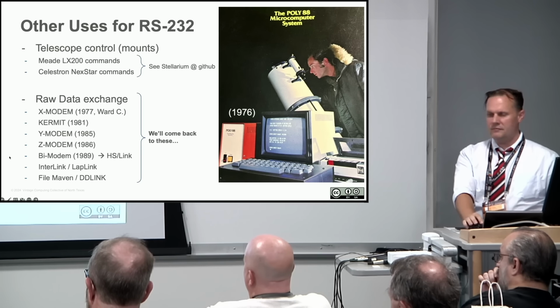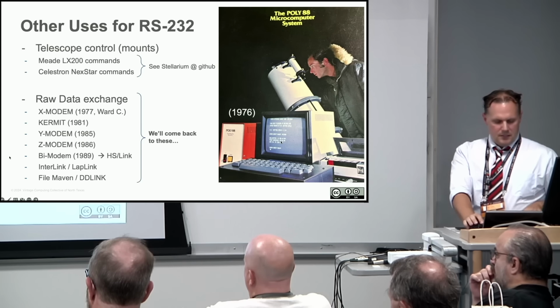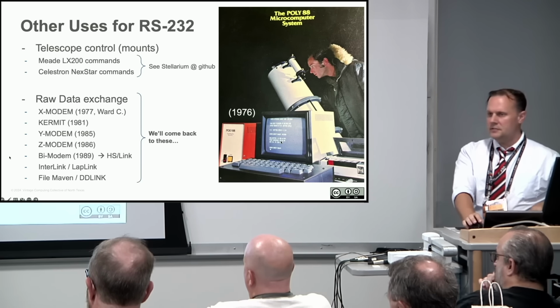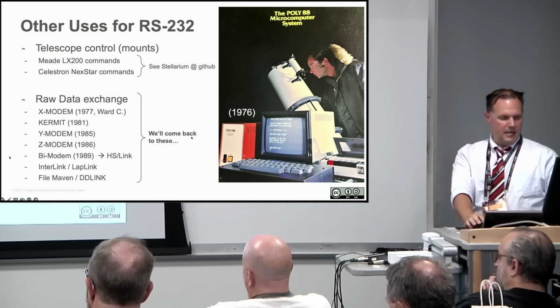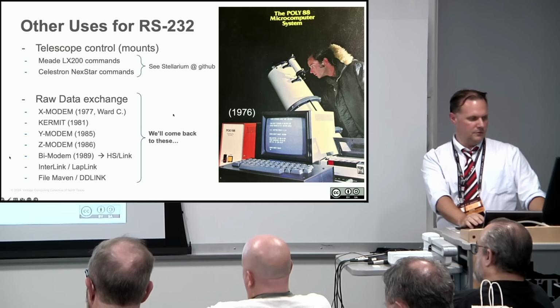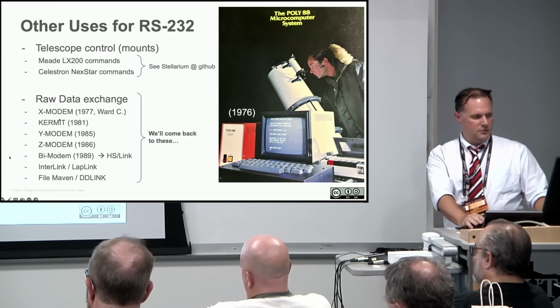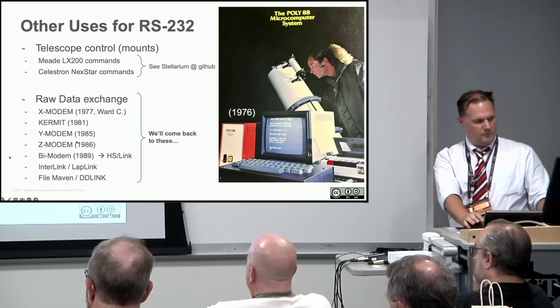This was like their early advertisement. It's hard to read on the screen, but it has the right ascension and the altitude address of whatever star it's supposed to be tracking, and you can actively track whatever you're trying to center the telescope on using RS232. Data exchange using all the protocols, and it's the history of the file transfer protocols. I'll talk more about that at the end.